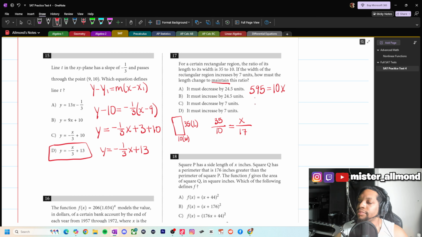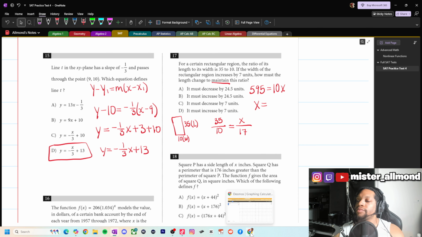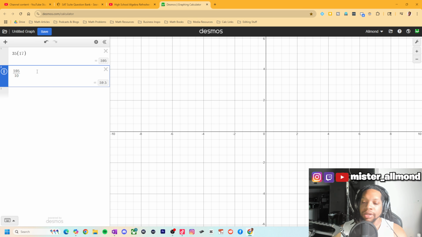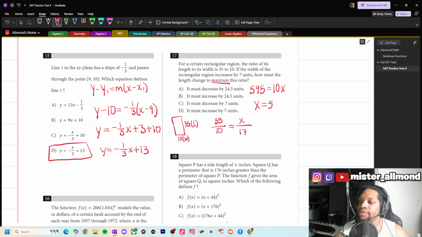So whatever x is, what did 35 do to get to that? I would divide by 10 on both sides, and then see what x had to do to get to 59.5. And of course, if you're dividing by 10, you can just move the decimal to the left once.